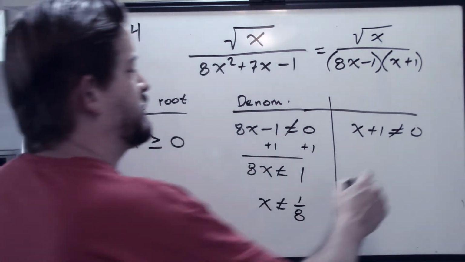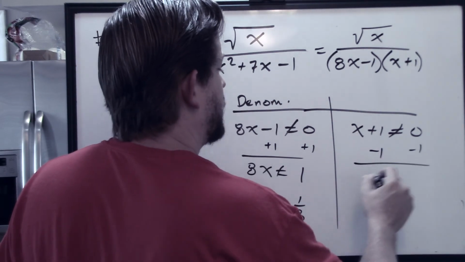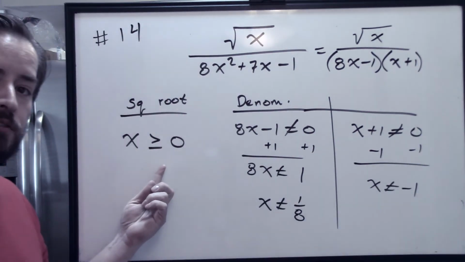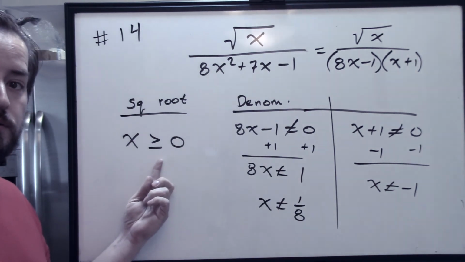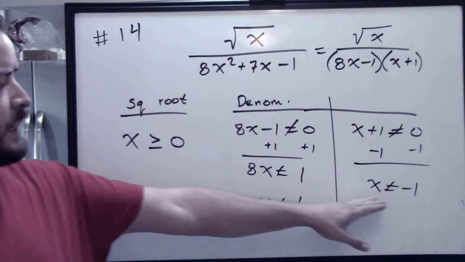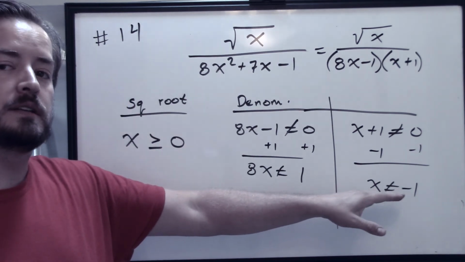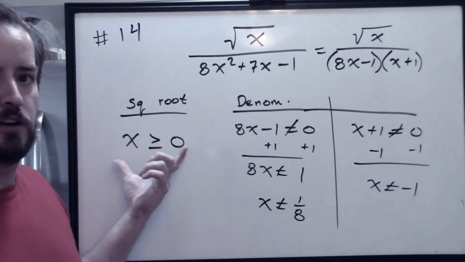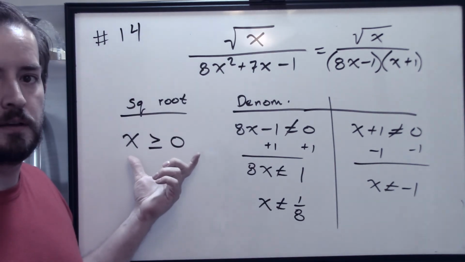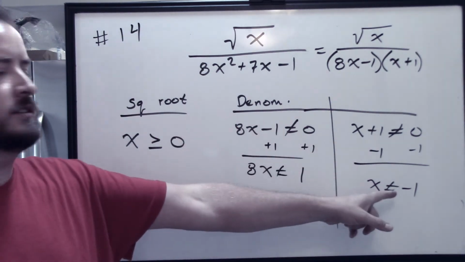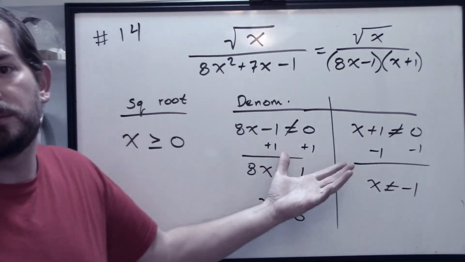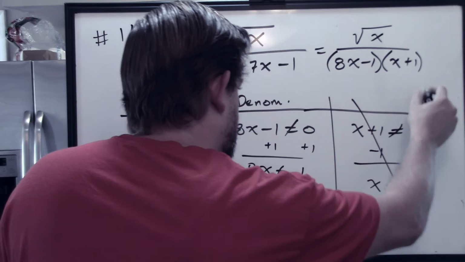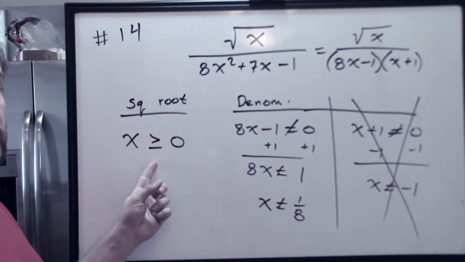On the other one, if I subtract 1, I get x can't be equal to negative 1, but it already can't be negative 1 because x has to be greater than or equal to 0, right? So this guy doesn't give us any more information. This is just one very specific value it can't be, which is already in an ocean of values that it can't be, right? X has to be positive, and it also can't be this particular negative number. But that's redundant. This doesn't matter, right? So this, I don't care. It's already taken care of here.